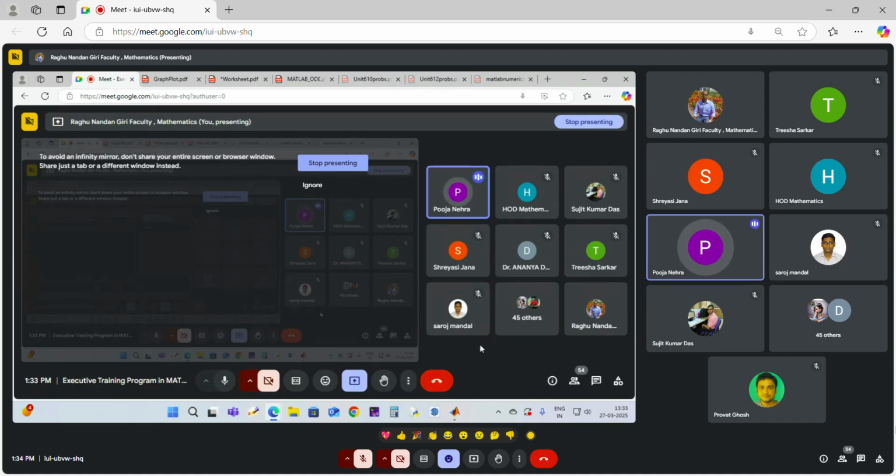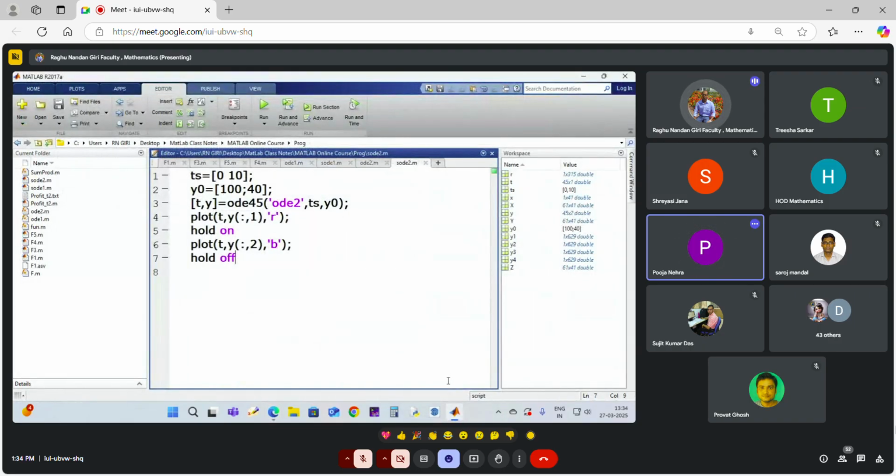Yes, sir. When we draw a graph, sometimes we define syms x comma y before the plotting. What is this? Why do we define syms x before the plotting?